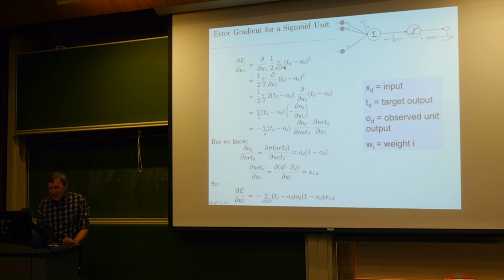And if I say D is my training data, then the error is just the sum over those training examples of the difference between the target output that we want our unit to output and the output computed for the input vector xd. I'm sorry, xd is the input, but we want to minimize the difference between the supervised labeled target output versus the output computed by our unit, and minimize the sum of squared errors there.